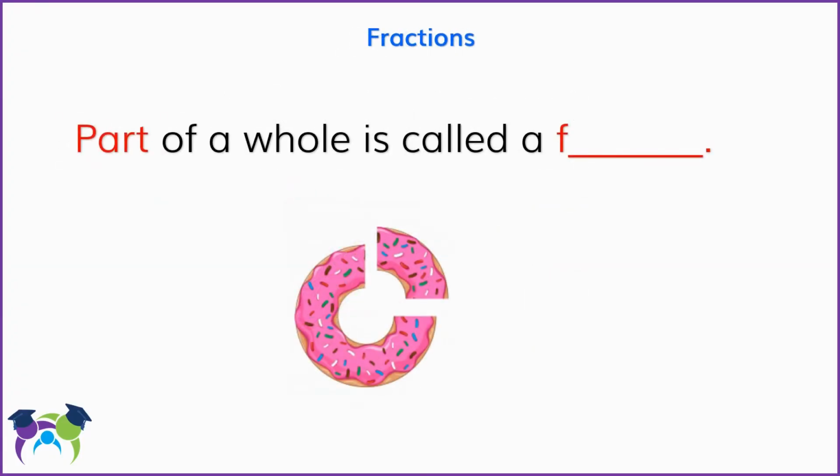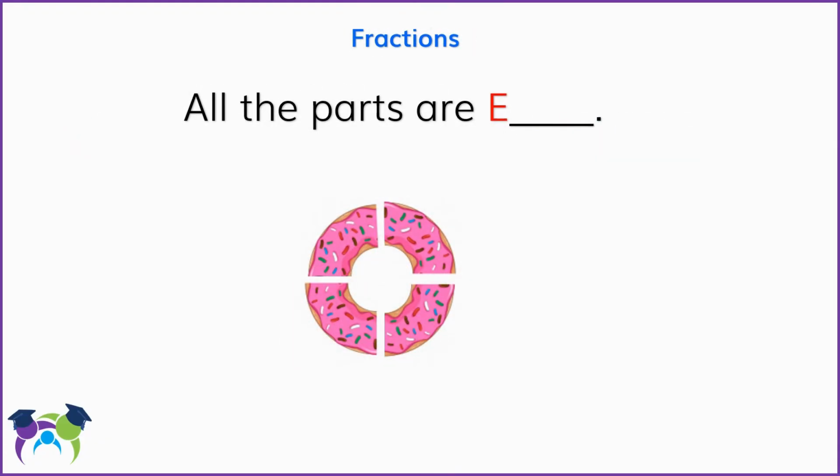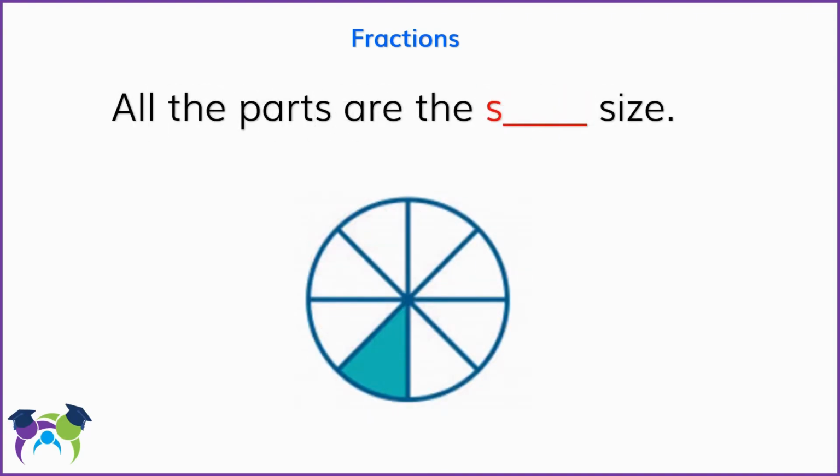Part of a whole is called a fraction. All the parts are... can you think of the word beginning with E? All the parts have to be equal. All the parts also have to be the same size.